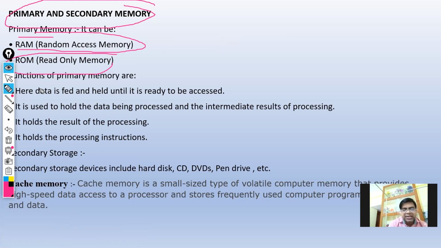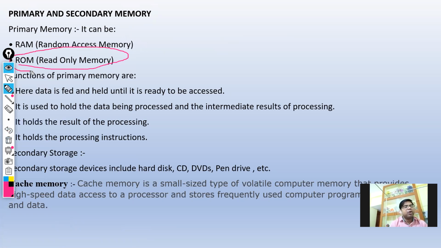Information in RAM is stored in random order. That is why it is known as random access memory. Next one is ROM, read only memory. But before that, I have to say some more things about the RAM.